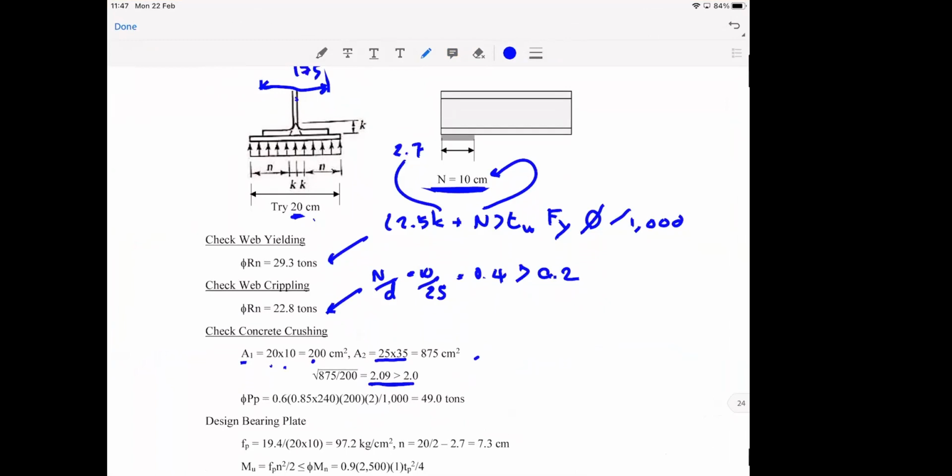That's why it's phi multiplied by 0.85 fc prime A1, and then that square root term of A2 over A1, you know, it becomes 4, because you cannot go, 2, sorry, 2, because you cannot go beyond that limit. Okay, and then after the calculation, it's 49 tons, so, woohoo, we are safe.